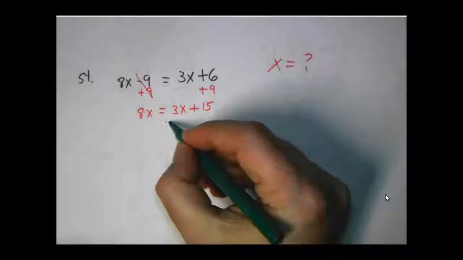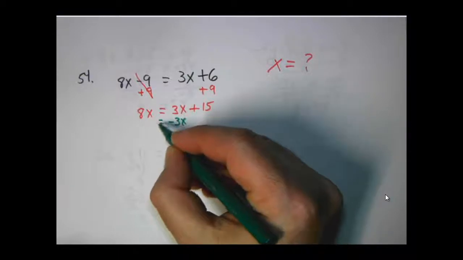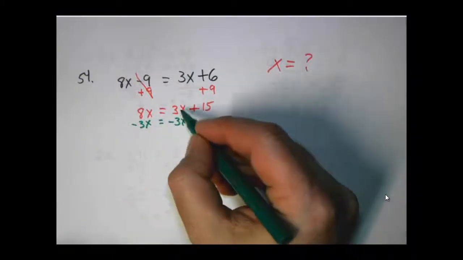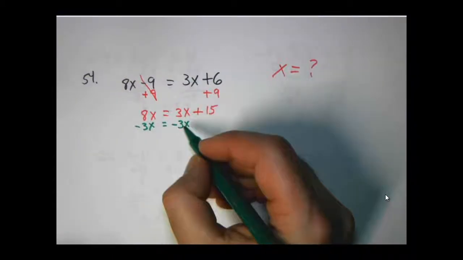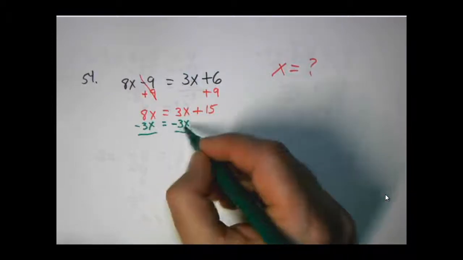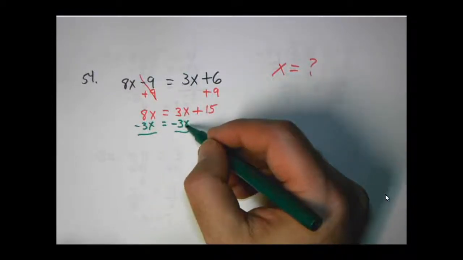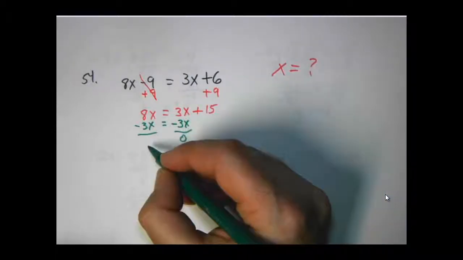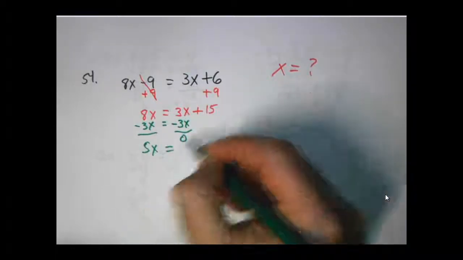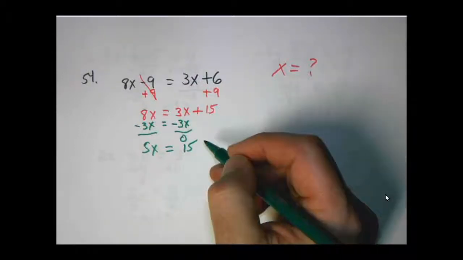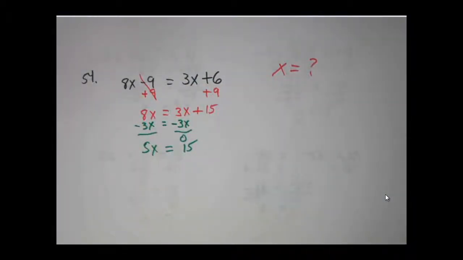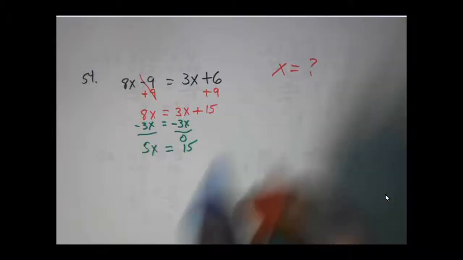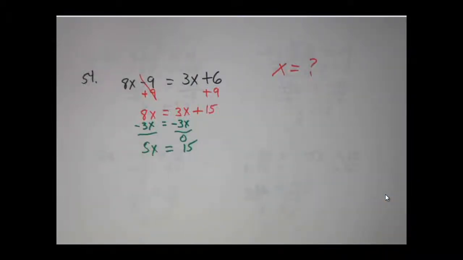And so we're going to take away 3x from both sides. That essentially moves the x away because it's going to cancel each other out. So positive 3x, take away 3x is 0. 8x minus 3x is 5x. And then we drop the 15 down. So that's that extra step in there by moving the variable onto the other side or canceling it out.